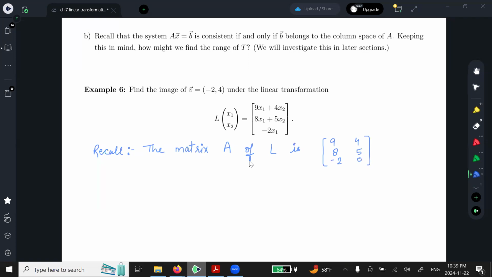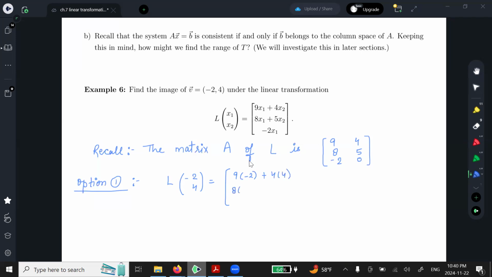So we have two options to find the image of any vectors. Option one, you just plug in the vector in the given formula as usual. So I'm plugging in x1 as negative 2 and x2 as 4.